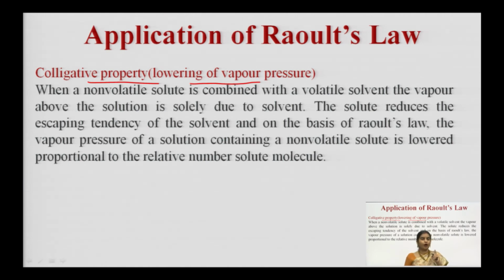law. Here what happened, when we add a non-volatile solute to a volatile solvent, then the vapor above the solution is only due to the solvent, because we are using a non-volatile solute. So, the vapor which we will get is not due to the solute.